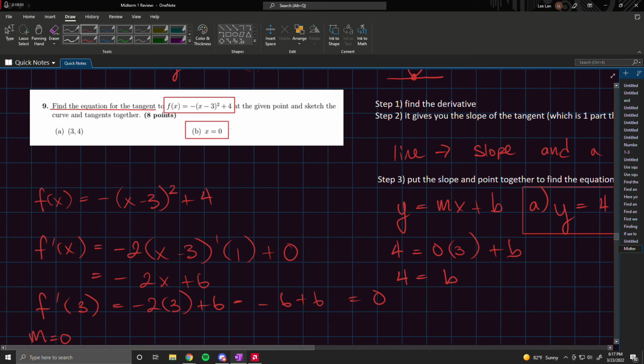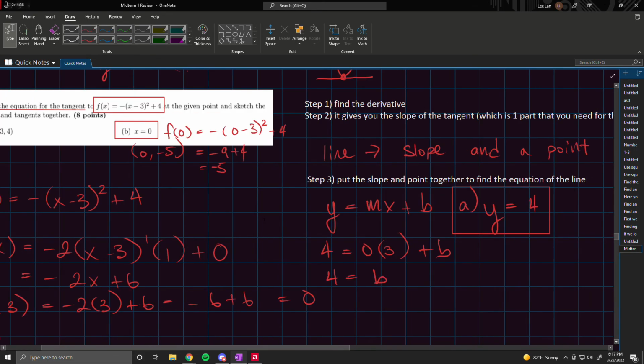There's f(0), which is negative (0 minus 3) squared plus 4, which is negative 9 plus 4, so that's negative 5. So technically, this is the point (0, negative 5).